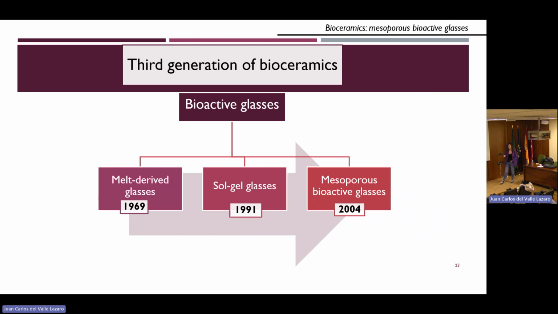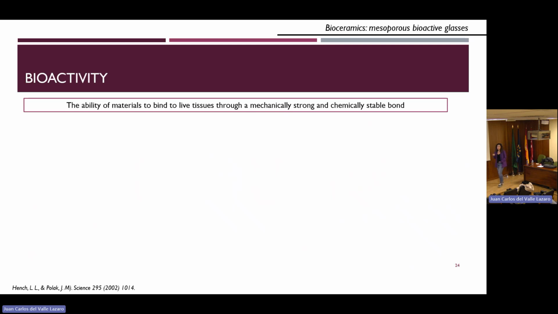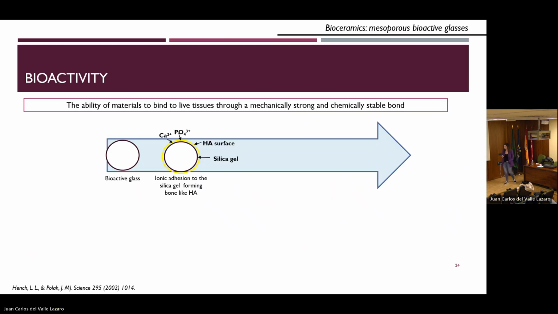They are bioactive. So what is bioactivity? Bioactivity is the ability of a material to bind to live tissues through a mechanically strong and chemically stable bond. There are a lot of biocompatible materials, but there are not many bioactive materials. It's not that easy to find a material that can actually form a strong bond with our live tissues.